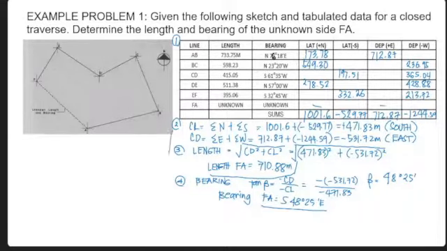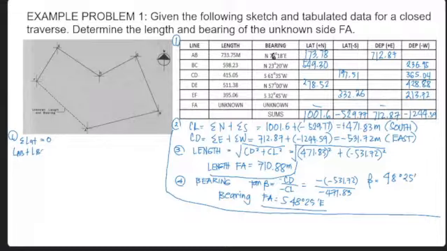So we can try ngayon yung ating isa pang method na sinasabi natin, wherein we will say that the summation of our latitude is equals to 0. So therefore latitude AB plus latitude BC plus latitude CD, latitude DE, latitude EF, latitude FA is equals to 0.